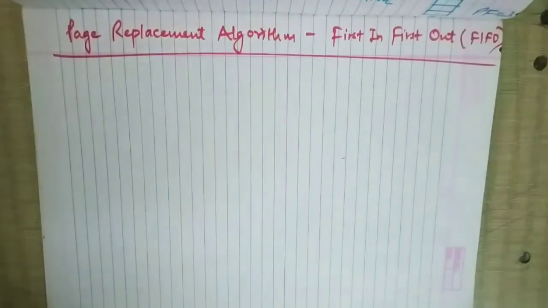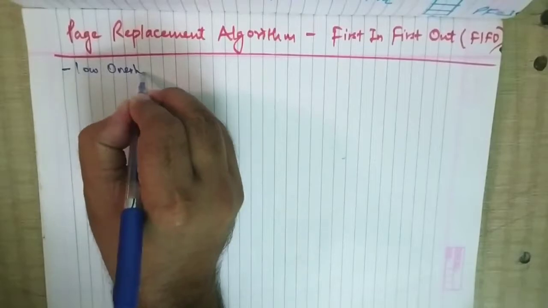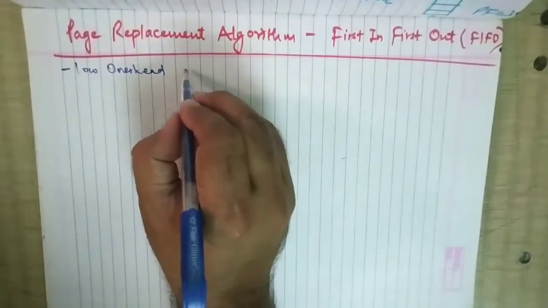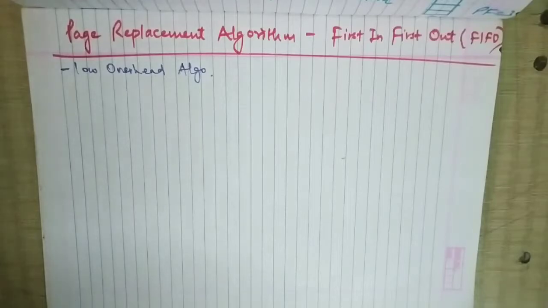The first in first out page replacement algorithm is a low overhead algorithm. It requires little bookkeeping on the part of the operating system. The idea is obvious from the name.